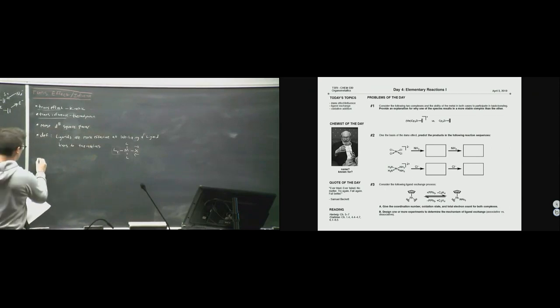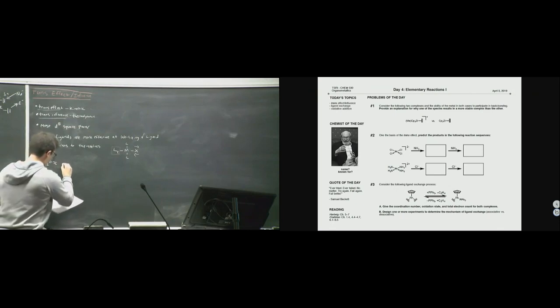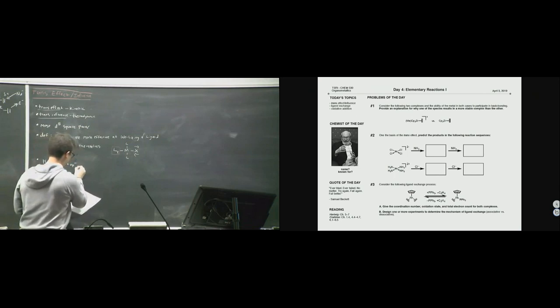And empirically, there are some well-defined trends. And one of the things that can be confusing is that these trends depend a little bit on what metal you're doing this measurement with. And so you'll look in one textbook and you'll see one trend, and a different textbook, a slightly different trend, but overall will be the same. So I'll write out the one that's in the Hartwig textbook. And if you find a different one and you like that one, that's fine.